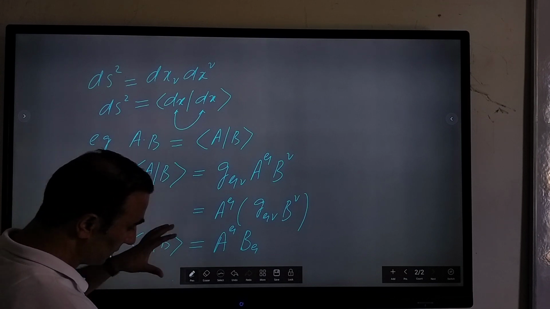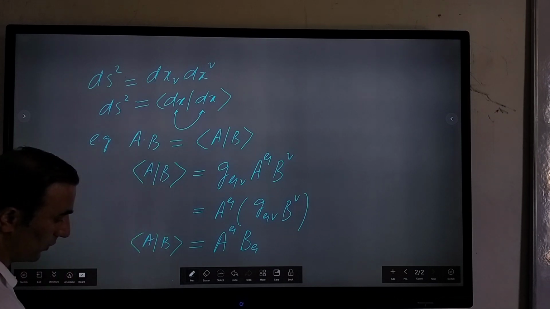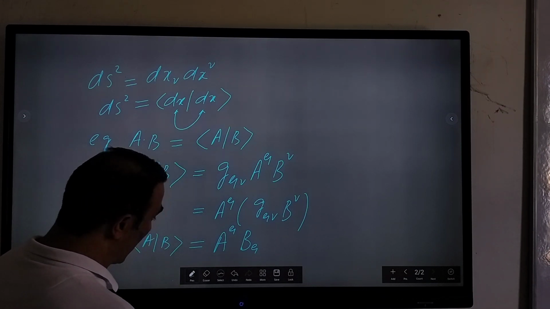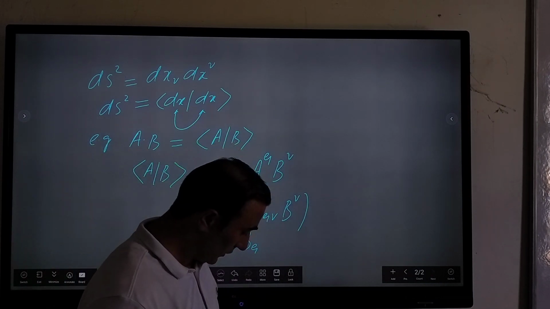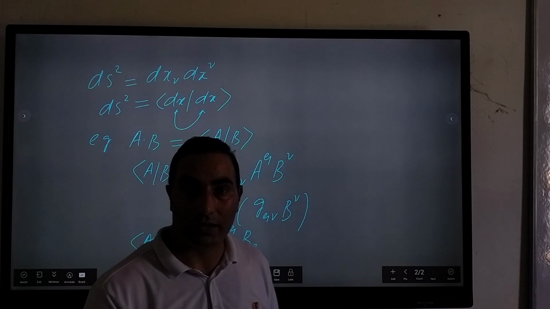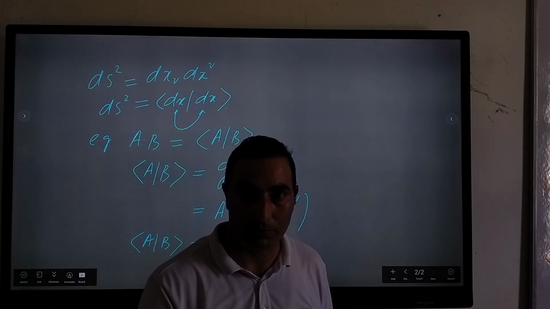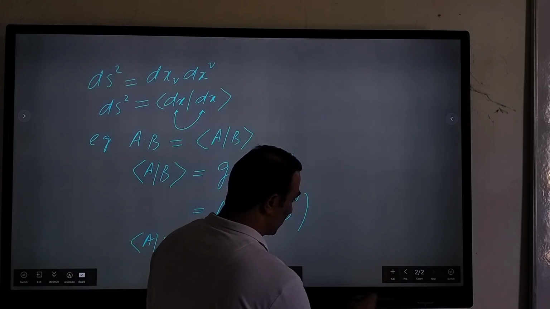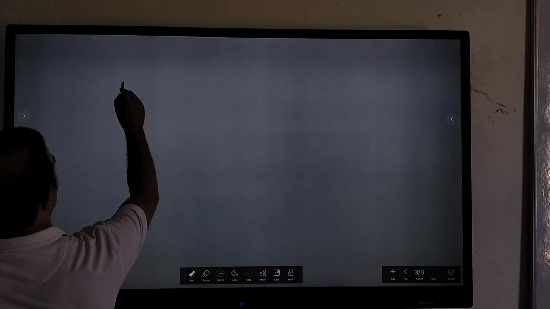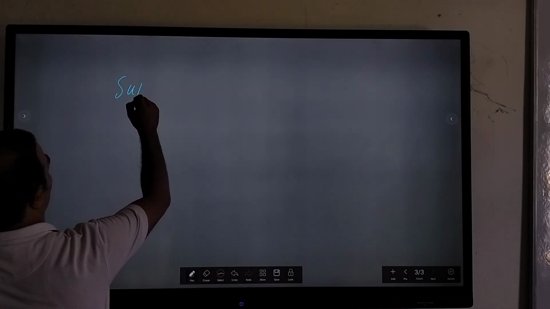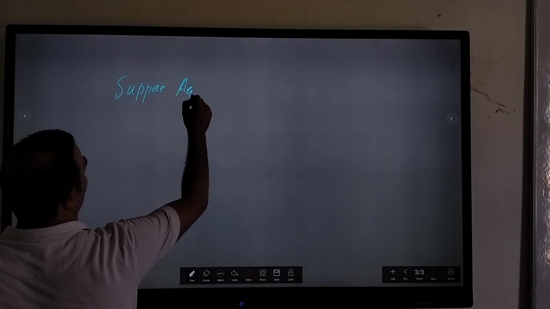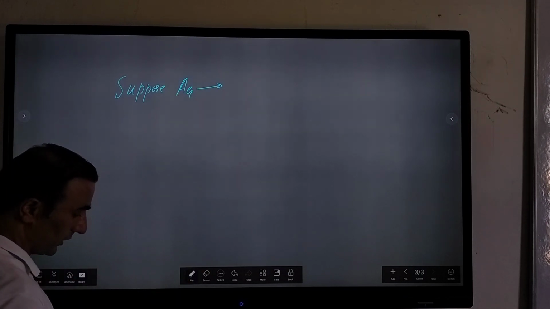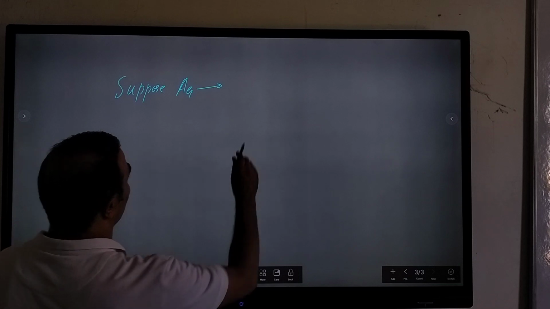Now, if you represent some component like a mu, right? So you need to write the dual of that component. Suppose we have some component, suppose a mu is a component, right?